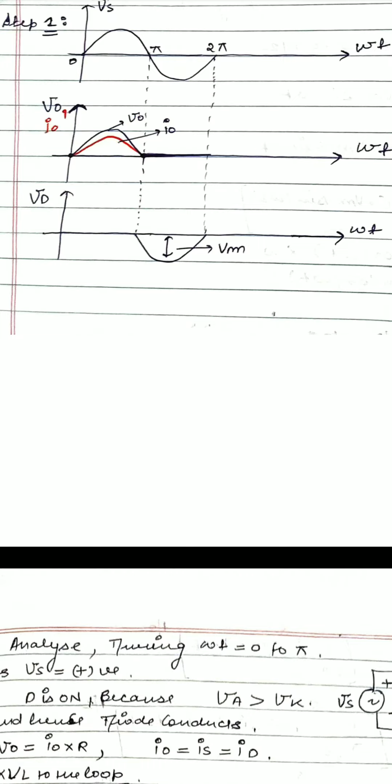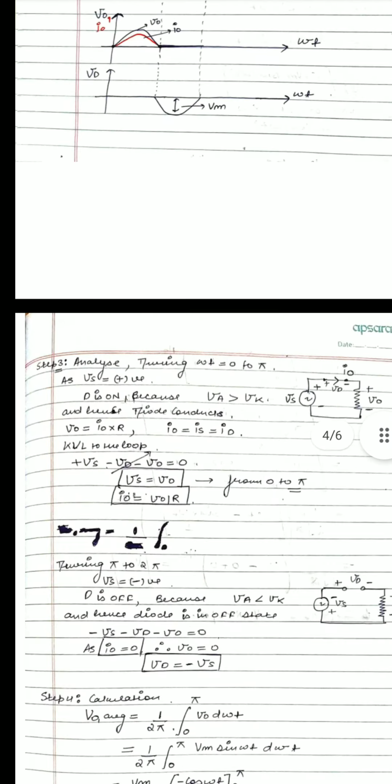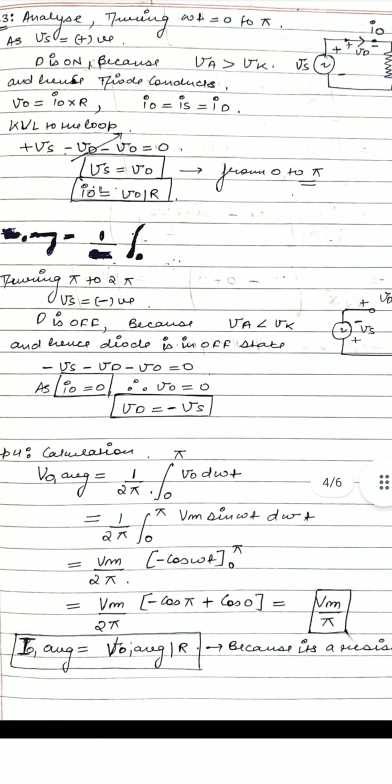Okay, and from pi to 2 pi, if we apply KVL inside the loop, it is minus Vs minus Vd minus V naught. As V naught is 0, because I naught is 0, I naught is equal to Is is equal to Id. The supply current, the diode current, the load current, all are the same, because it is a series network.